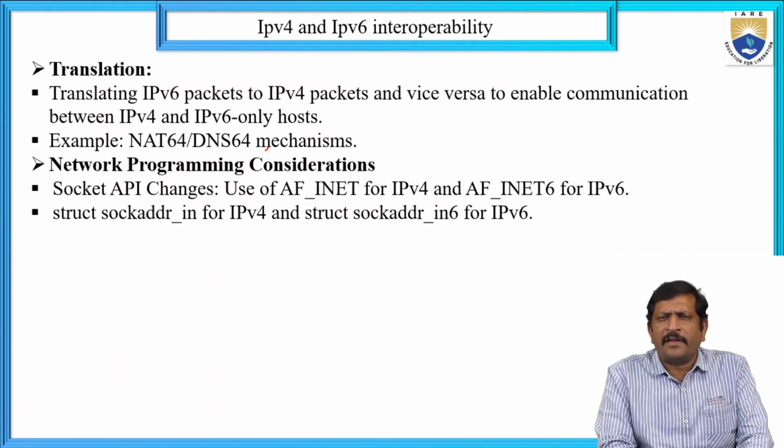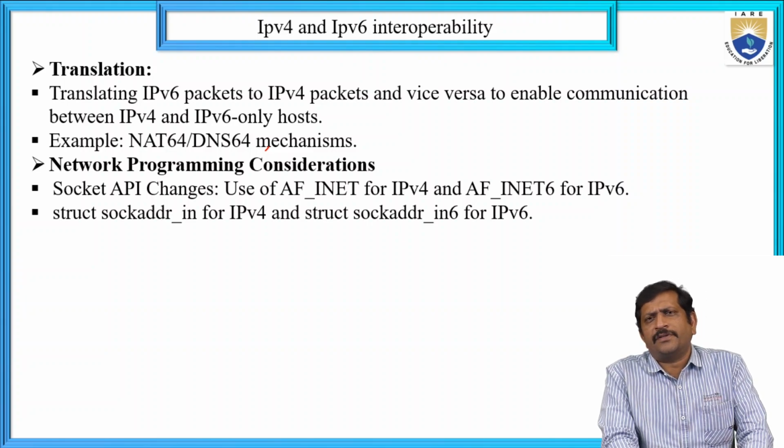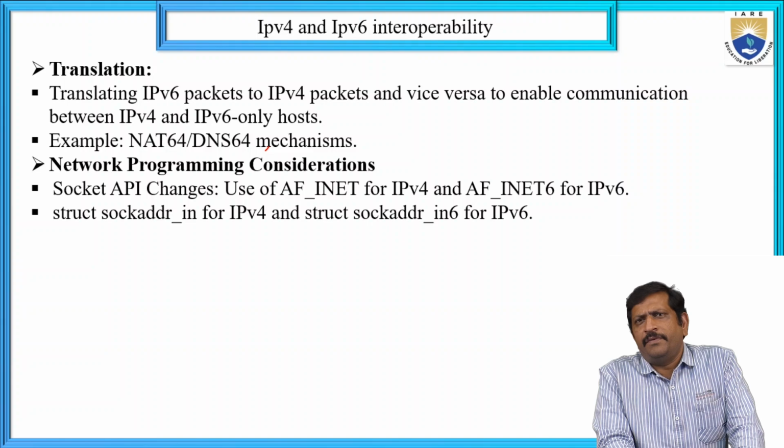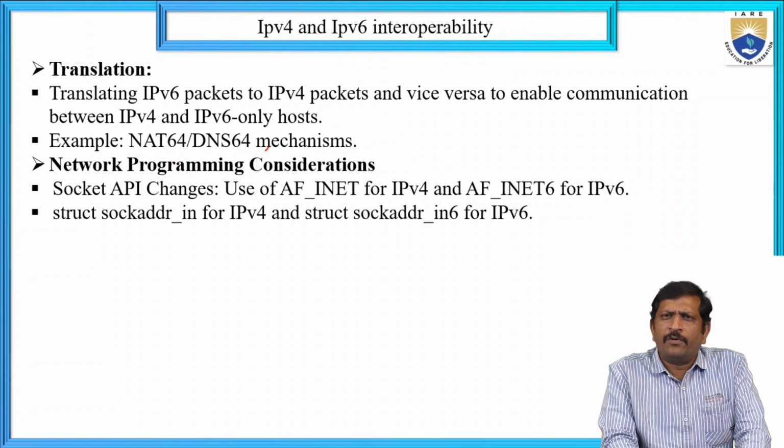Now network programming considerations. Network programming considerations are socket API changes, which use the address family AF_INET for the IPv4 protocol version and AF_INET6 as the other family for the IPv6 protocol.